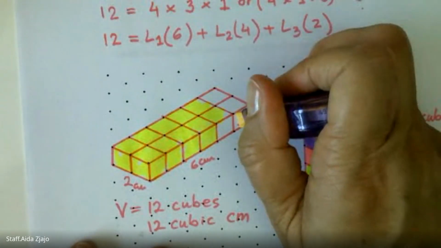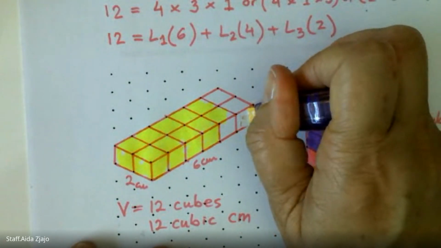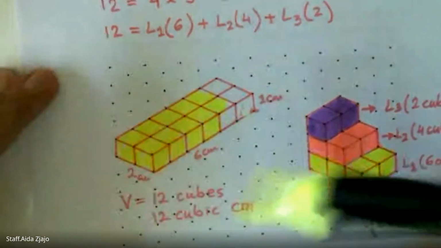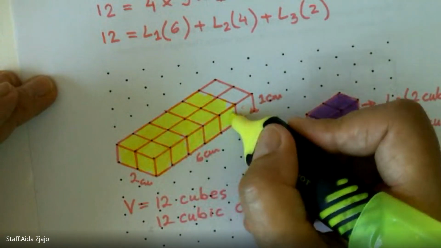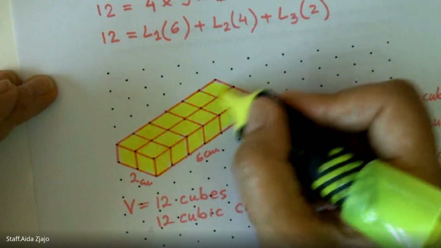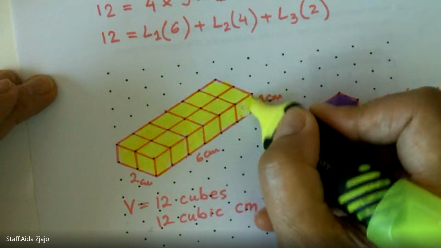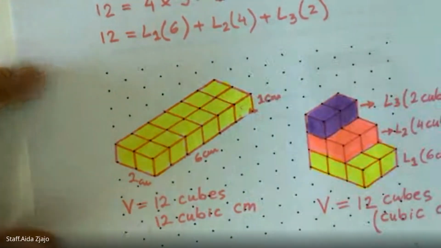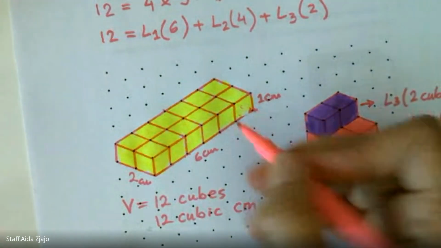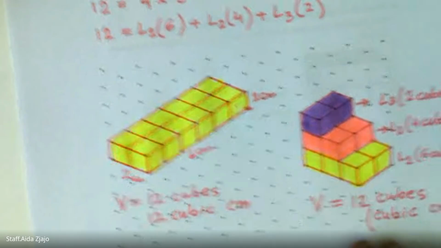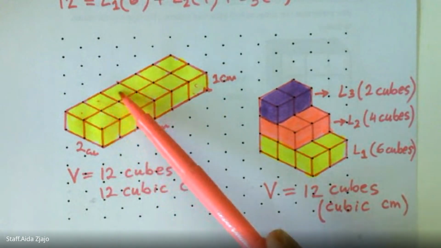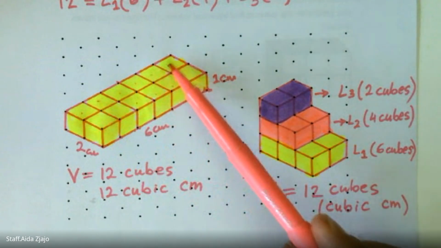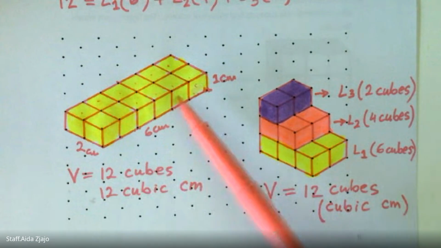So I'm going to move this, and now 2, 4, 6, 8, 10, 12. There you go. Now you got that all correct. Mrs. Z made a mistake, and by checking my work, I figured it out. So 1, 2, 3, 4, 5, 6, 7, 8, 9, 10, 11, 12 cubic units is this figure.